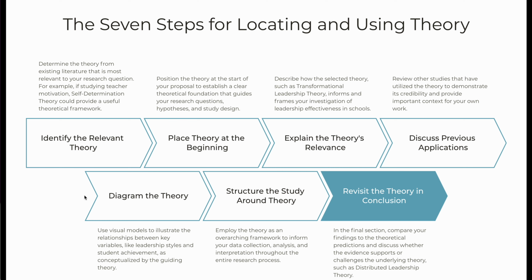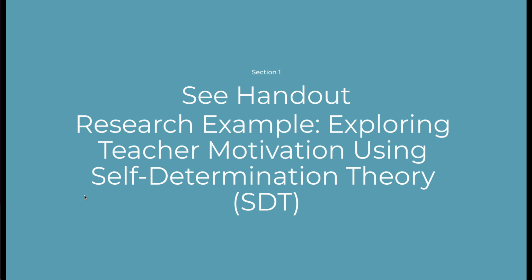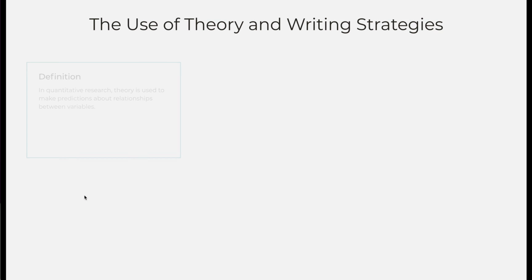And then you're going to take off and explore all the rest of your research questions, all the rest of your topics, everything else, and you're going to end by revisiting the theory in your lit review. We have a research example that we're going to look at in class, and we're also going to do some activities. So this is kind of the intermission where I'm going to walk through that.